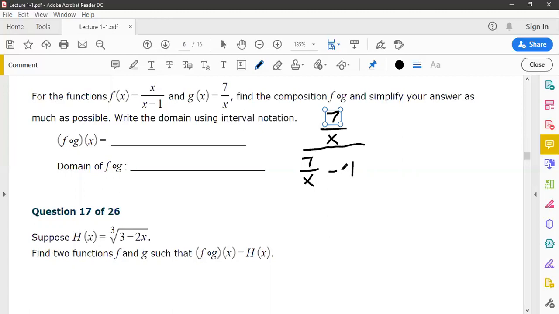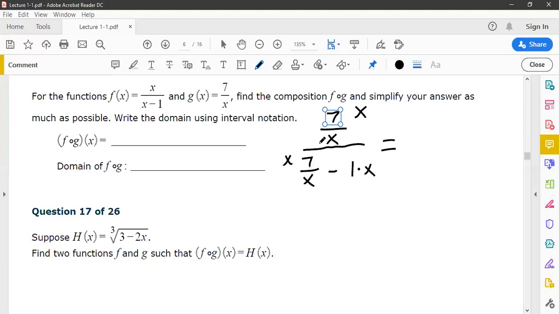Okay, so now what we have is a compound fraction. So we have a fraction within a fraction. The easiest way to simplify this, not the only way, but the easiest way, is to multiply every term by the common denominator. In this case, the common denominator is x. So I'm going to multiply everything times x.